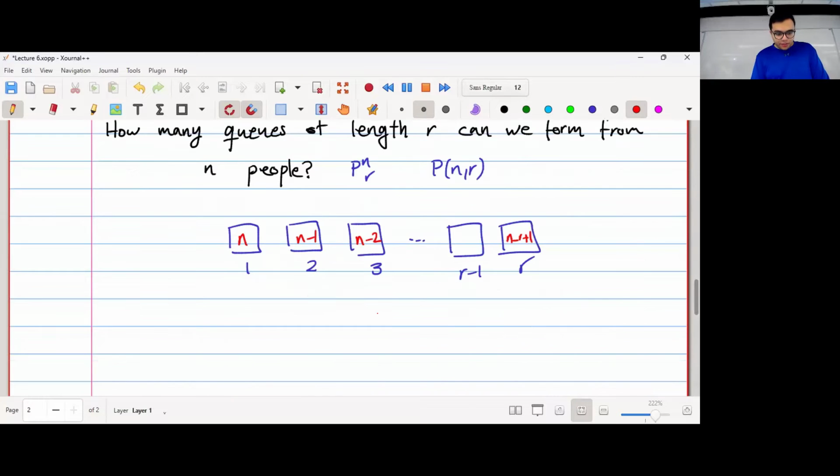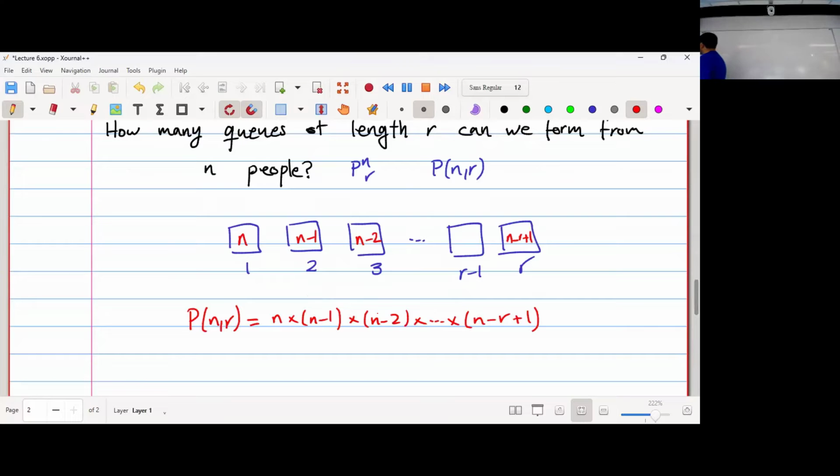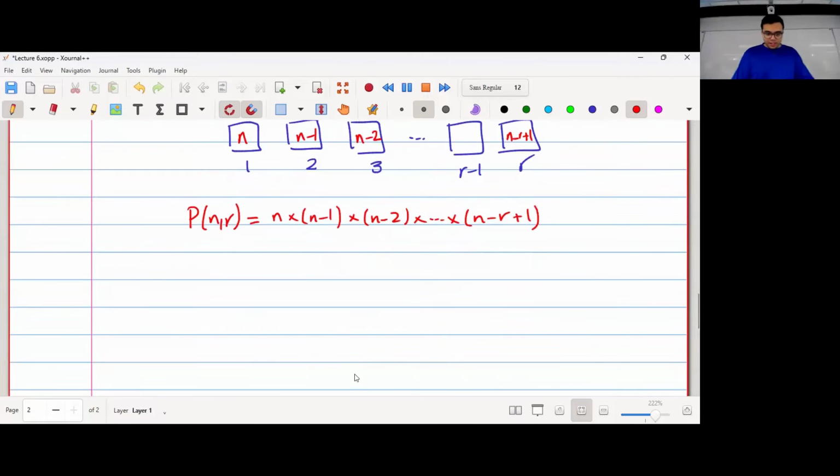So basically P of n, r is going to be n times n minus 1 times n minus 2, and so on, to n minus r plus 1. Now, do I have an easier way of writing this? Well, yes.